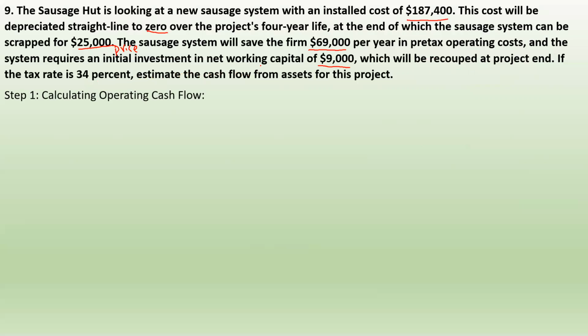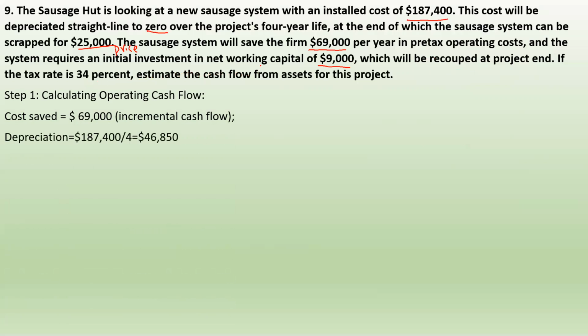So we first calculate the operating cash flow. The incremental cash flow is the cost saved. It's 69,000. The depreciation will be the cost because we depreciate to 0, so it's this minus 0, divided by 4. Each year the depreciation is 46,850.